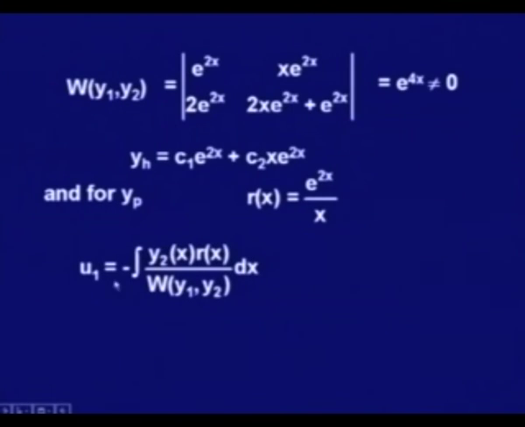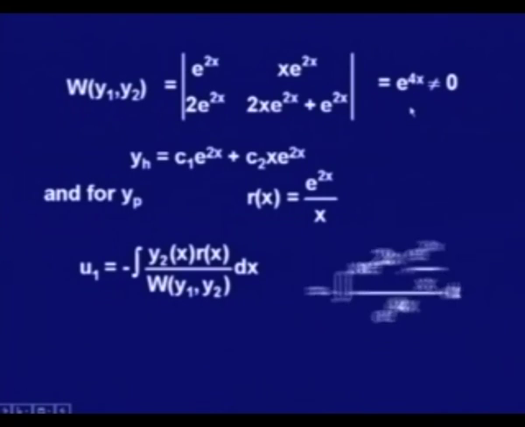The formula says minus integral of y2(x) R(x) upon the Wronskian of y1, y2, integrated with respect to x. Substitute the values: y2 is x e to the power 2x, R(x) is e to the power 2x upon x, and the Wronskian W(y1, y2) is e to the power 4x.